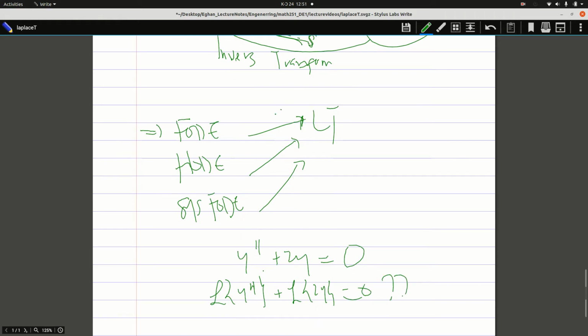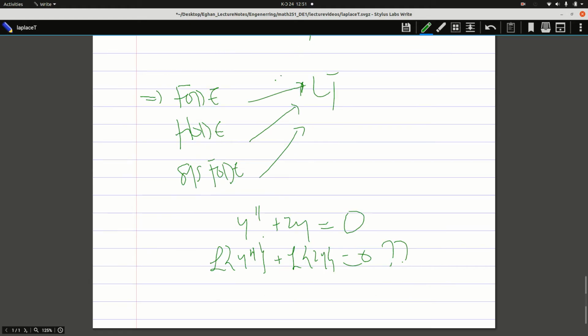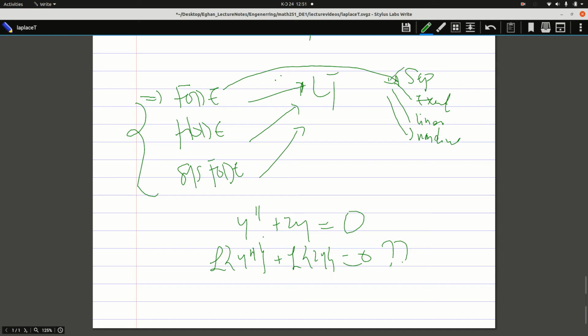Again, someone will say, I already know the techniques for solving this, so why do I want to look at the Laplace transform? We said sometimes it's difficult, and I want to make it easier. If I have first order ODEs, I have to find whether it's separable, is it exact, is it linear, is it non-linear, is it homogeneous, and then I know which one to use.